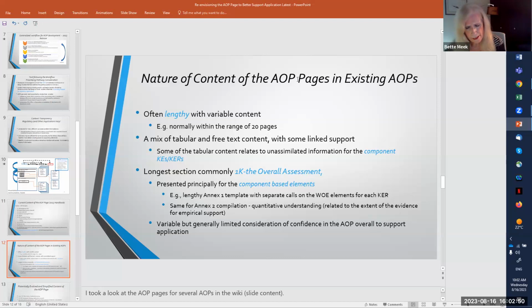But I found myself asking the question, after having considered the content on the AOP page for several AOPs, as to how the regulatory community might distill the relevant information to determine its suitability for a particular application. In part, I think that relates to the organization, but also to the extent of the information included on the modular elements.